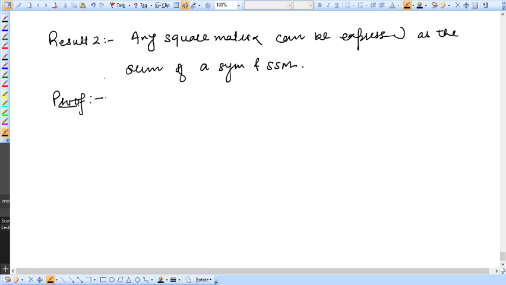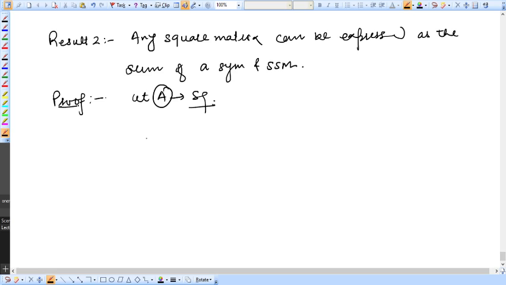Okay, so see, firstly let A be a square matrix, and we have to write this matrix as a sum of a skew symmetric and a symmetric matrix.